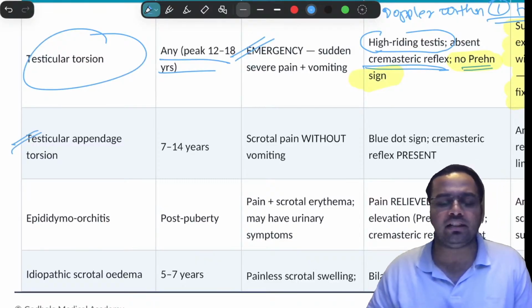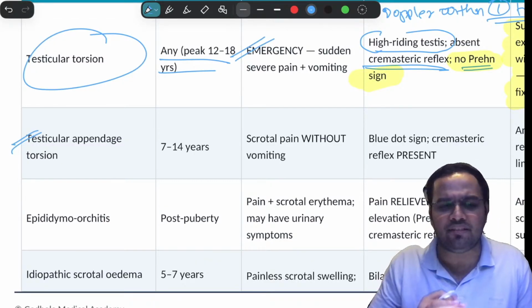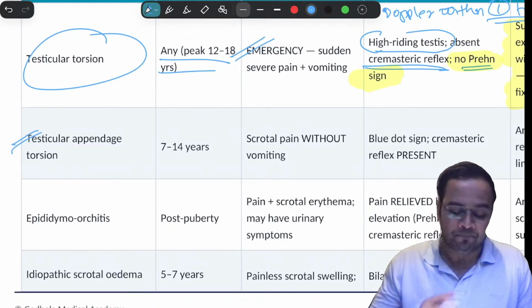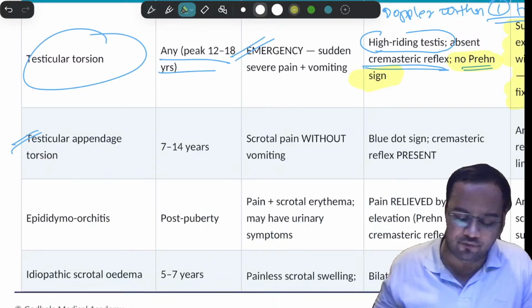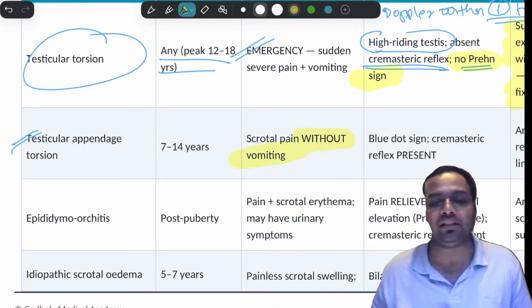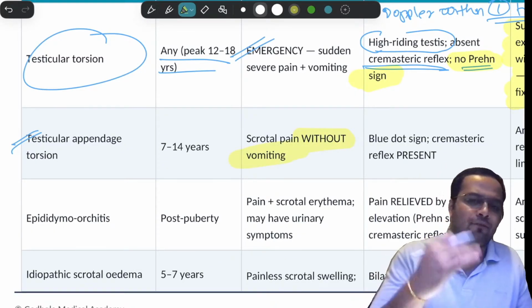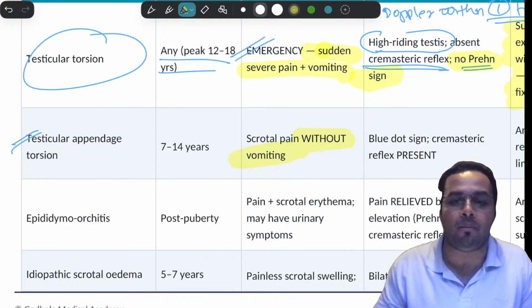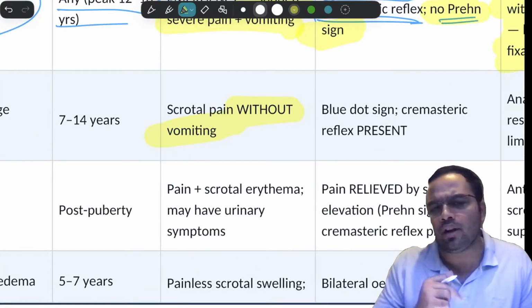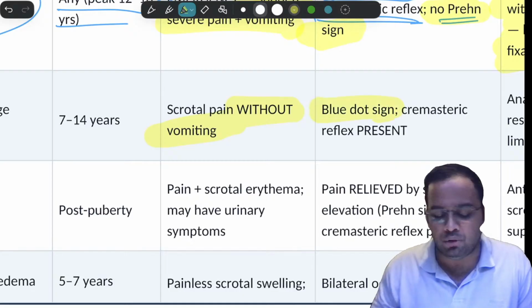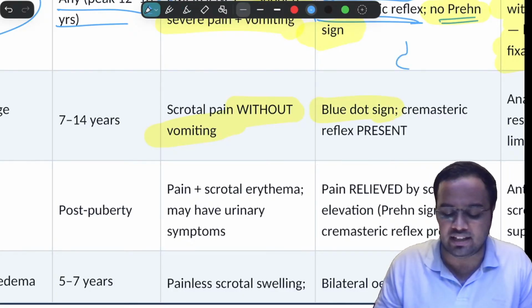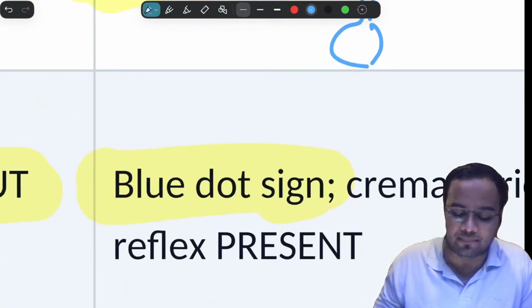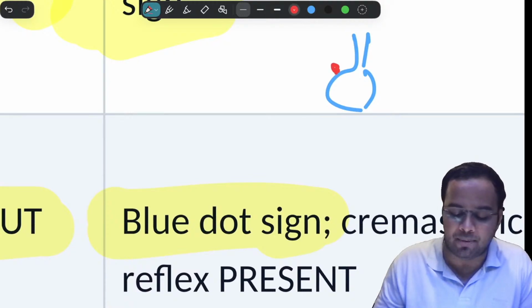A testicular appendage torsion. Most of the times the pain is as severe. But the significant clinical thing is the patient does not present with vomiting. Apart from testicular torsion, which is going to present with sudden abdominal pain with vomiting, here vomiting is going to be absent, and whenever you are going to go for an exploration, you will find a blue dot sign, because if you see the testes, there is going to be something on the top of the testes which is called as the appendix of the testes.